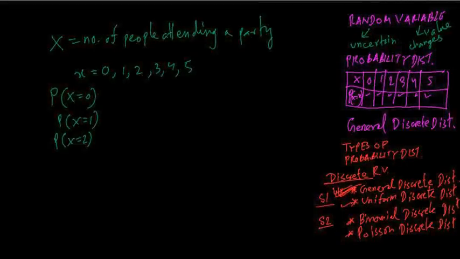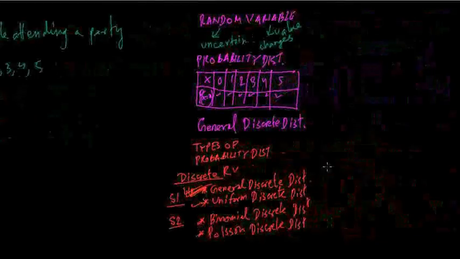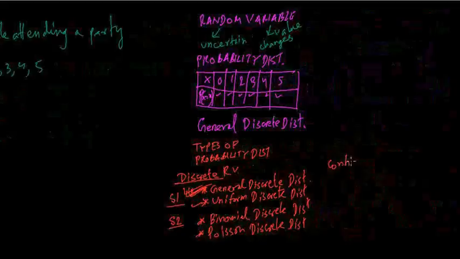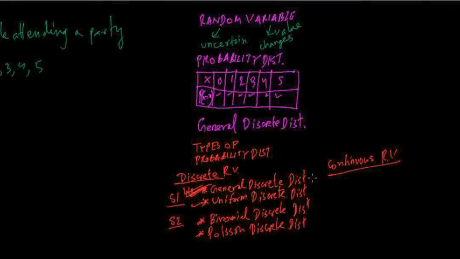And if I also mention the different types of continuous distribution, let me write it down here. For continuous random variables, the first type of probability distribution is the general continuous distribution.